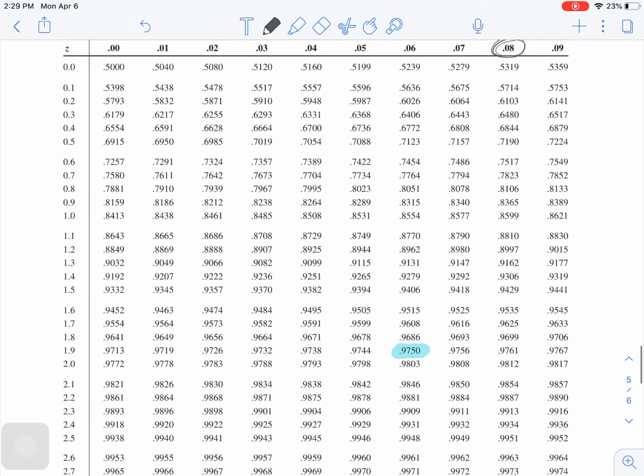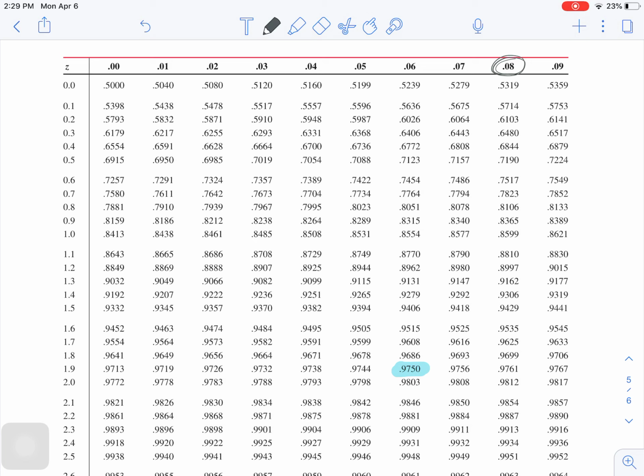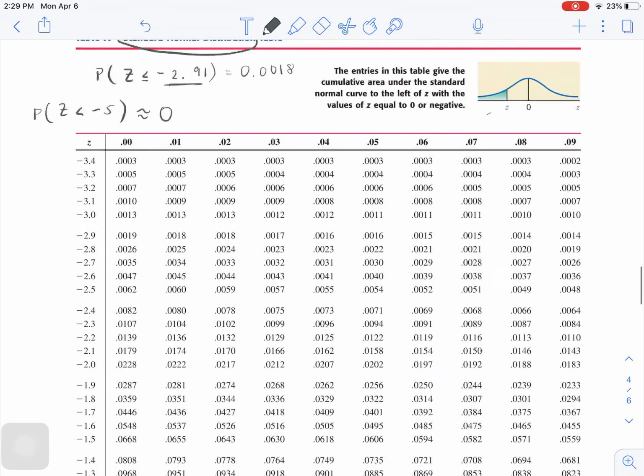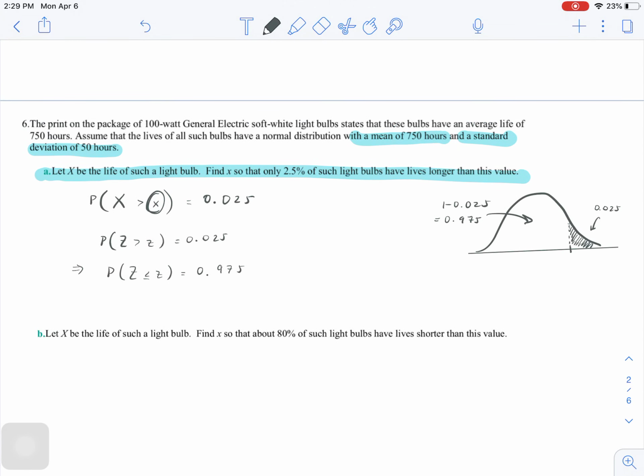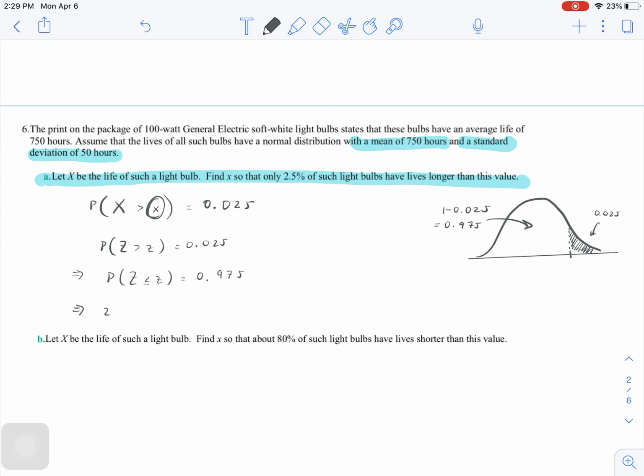So an area to the left of 0.975 corresponds to a z-score of 1.96. So that tells us that z equals 1.96. So now we have our z-score.